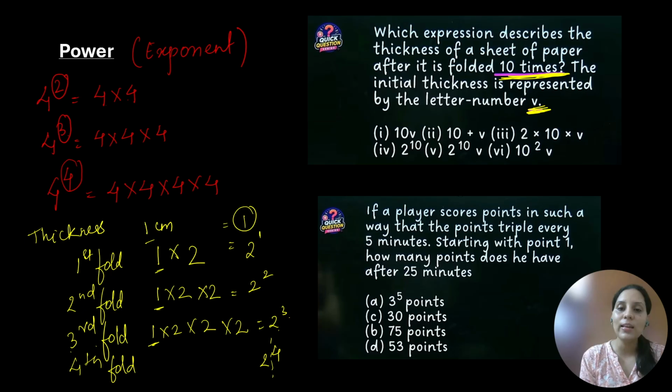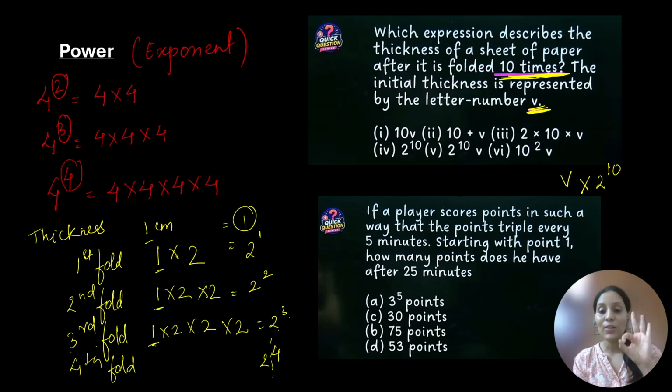So initial thickness into 2 power 10, since it is folded 10 times. First fold 2 power 1, second fold 2 power 2, third fold 2 power 3, and so on. So the 10th fold will be 2 power 10 into the initial thickness. So it should be option number 5.